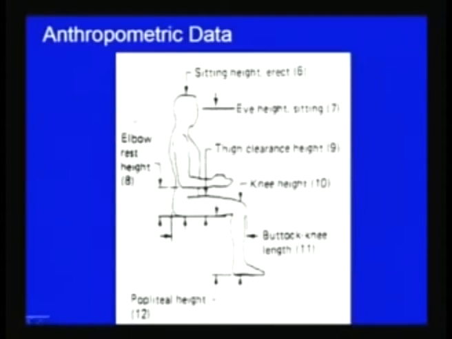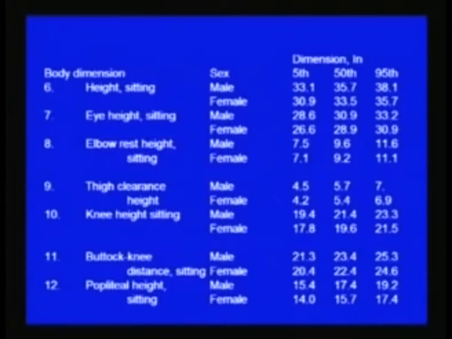Now, in this slide we will see some other anthropometric dimensions which are measured, like the eye height from the ground level in the sitting position, this elbow rest height, the knee height, the buttock knee length, that is this length, the thigh clearance height, and the eye height in the sitting position. Different numbers have been given and the corresponding values are given in the next table.